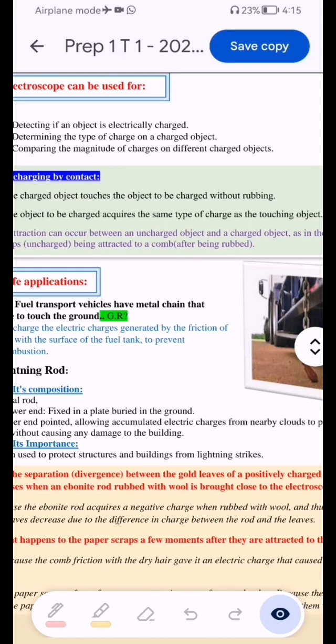So when we bring the comb near paper scraps, it will attract them. And after some moments, the paper scraps will fall or be repelled from the comb. Why? Because the paper will take the same charge as the comb. So repulsion occurs between them and the paper pieces will fall.